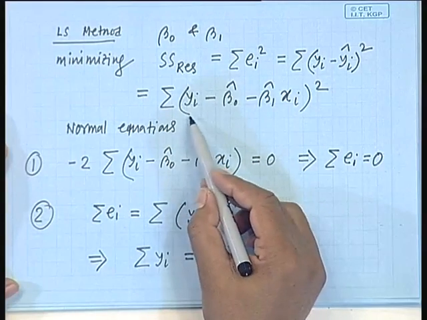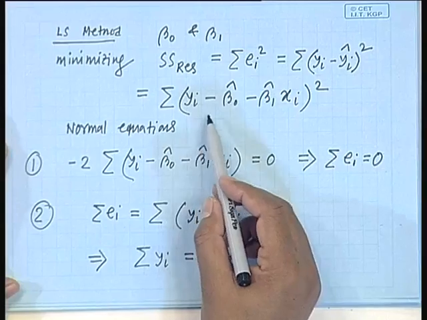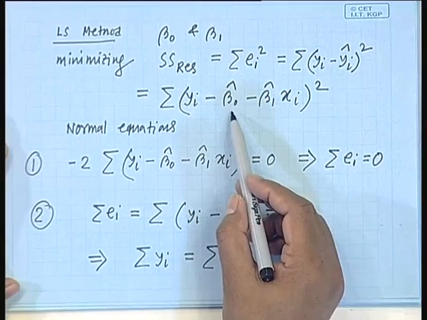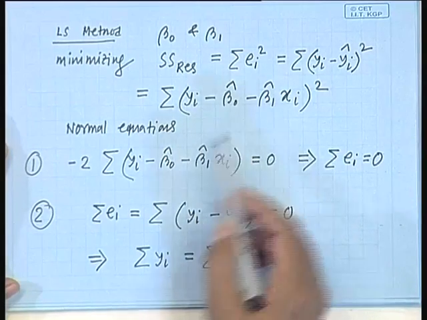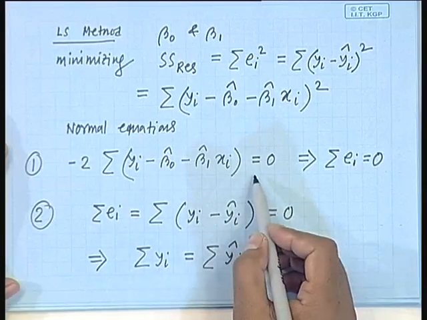By differentiating this residual sum of squares with respect to beta naught hat, we got this first normal equation.